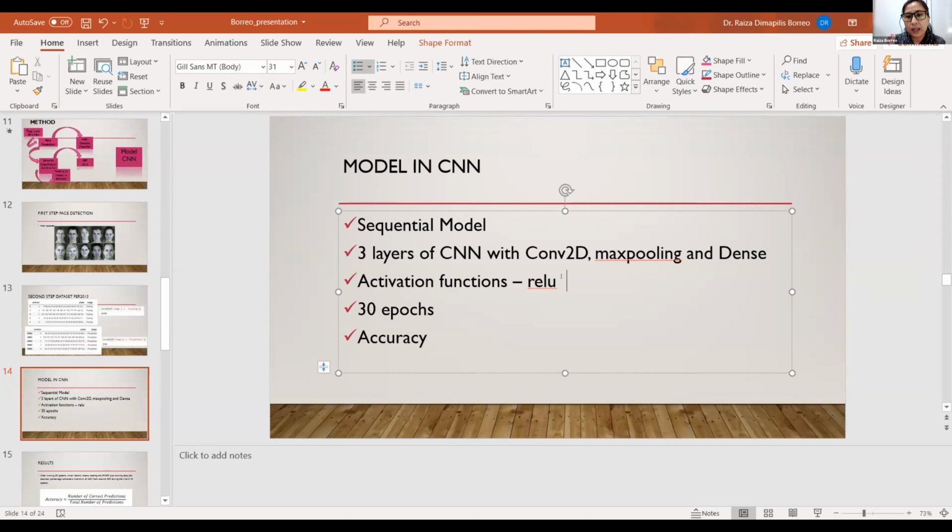So it will be activated that 52 is actually a surprise type of emotion. And then along with that, because this model is to be trained, there were 30 epochs, which means I run the reading or training of the data 30 times.